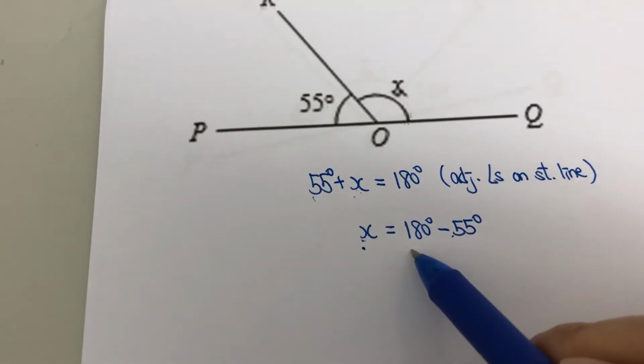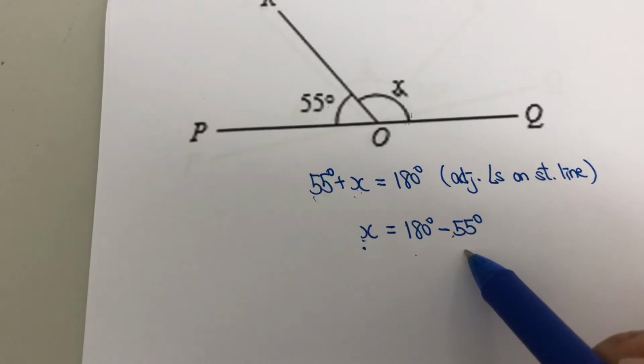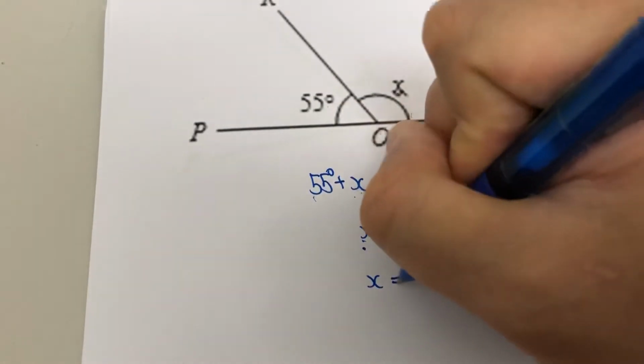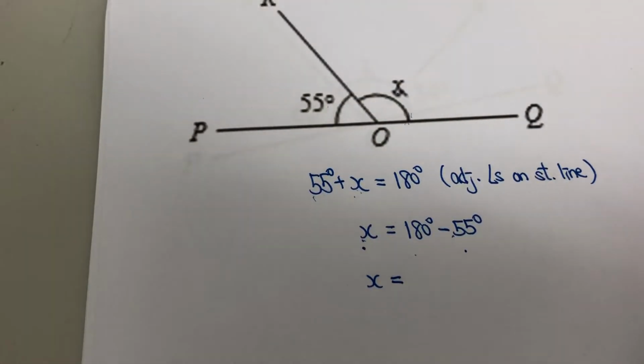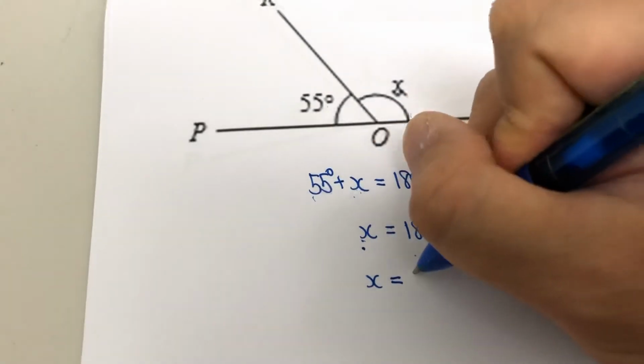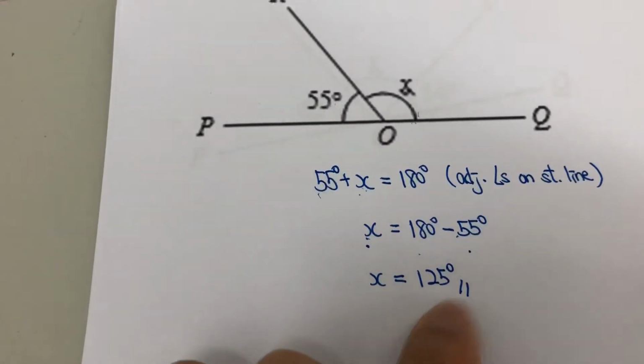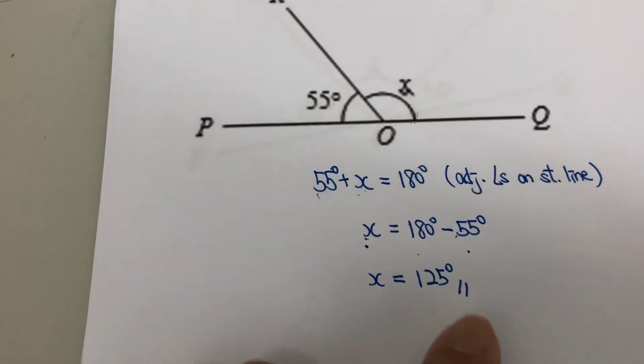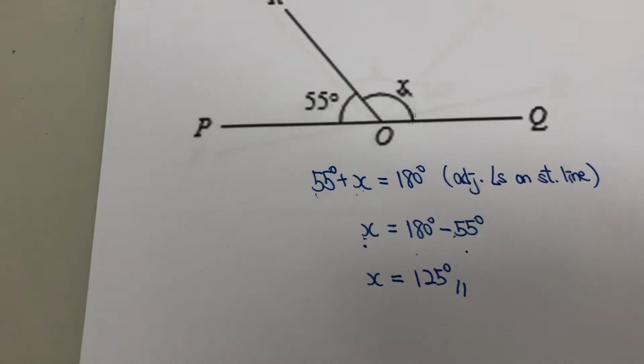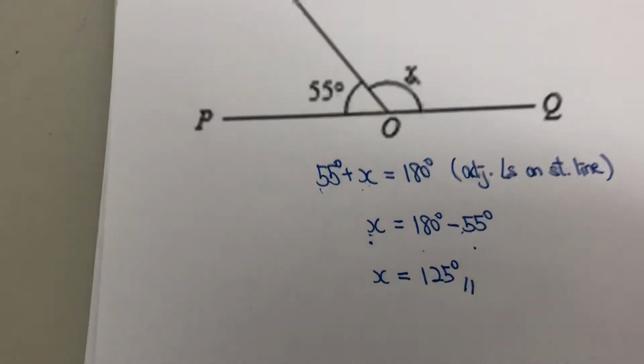So x equal to 180 minus 55. And we all know that 180 minus 55 is 125 degree. Therefore, x is equal to 125 degree. So it is done. Let's move on to the next one.